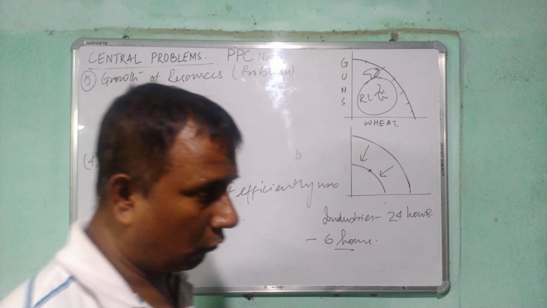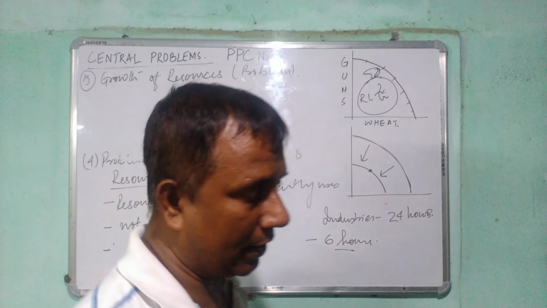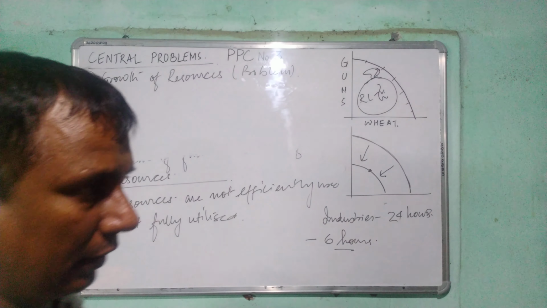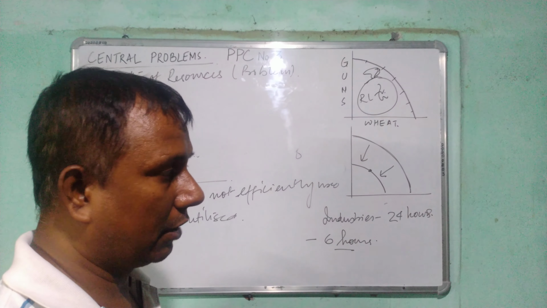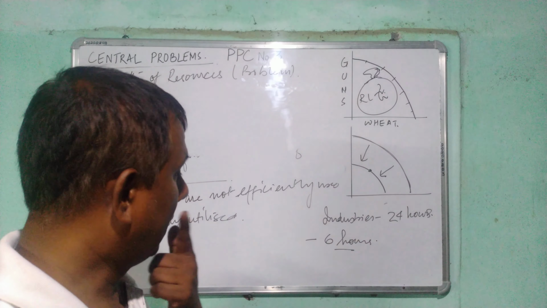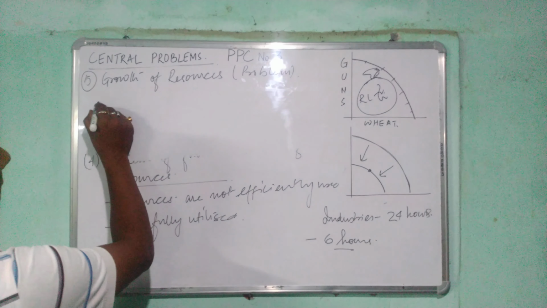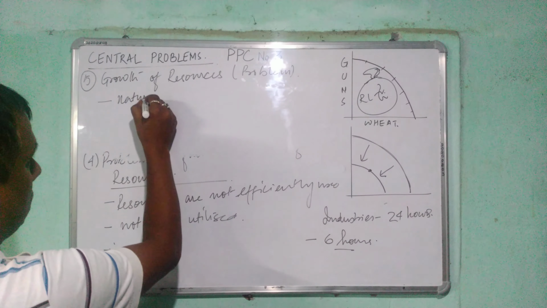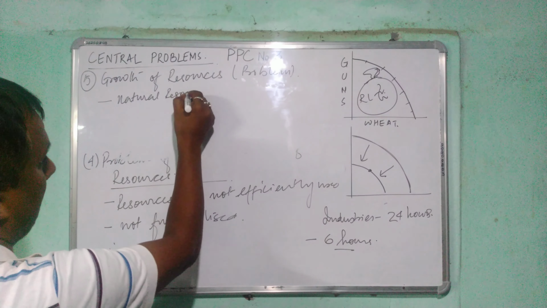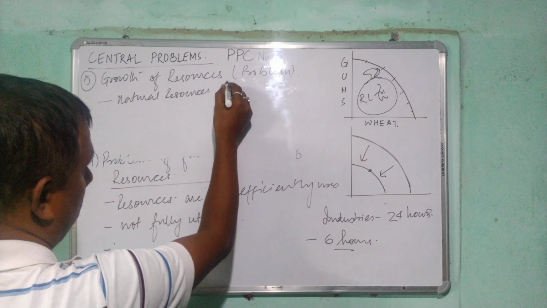Now, whatever resources we are using, we are not thinking that they have to be increased. We are not going to increase the resources. We have to increase the resources, especially natural resources. Natural resources have to be revamped and increased.